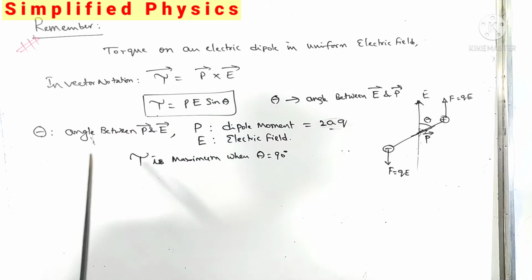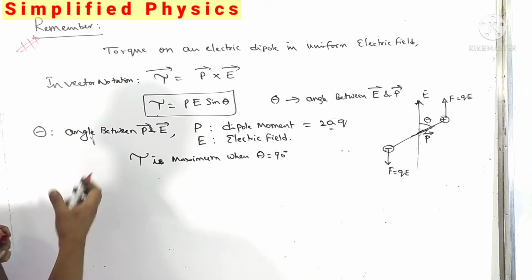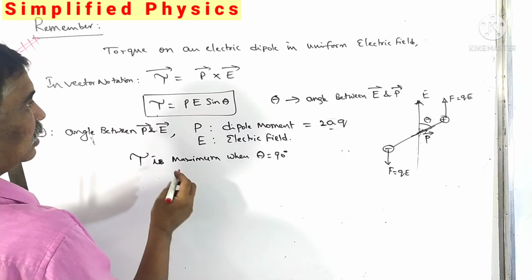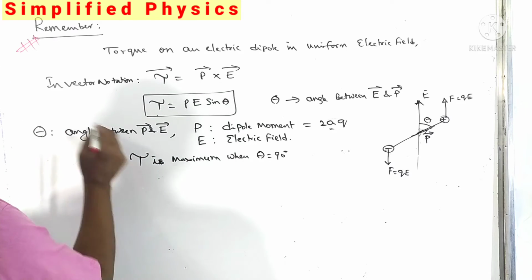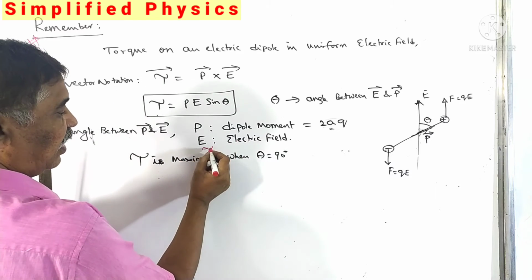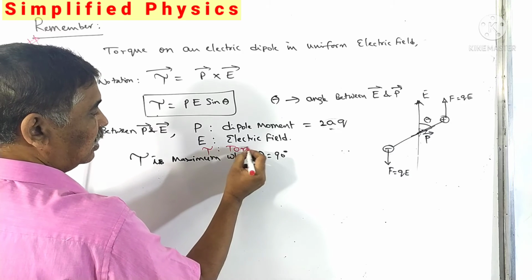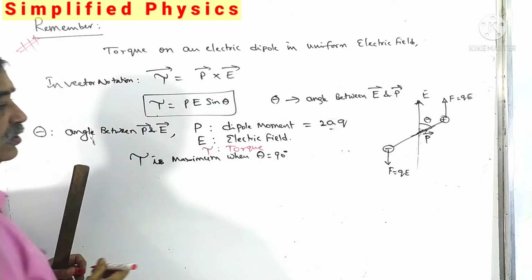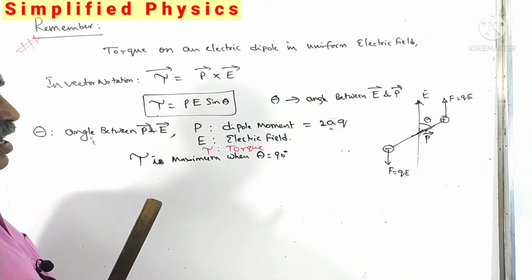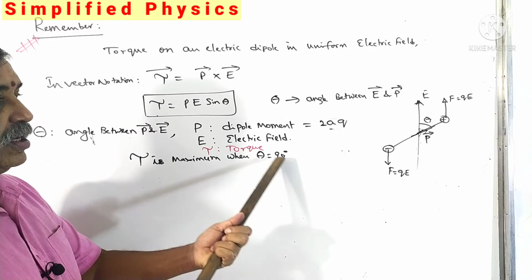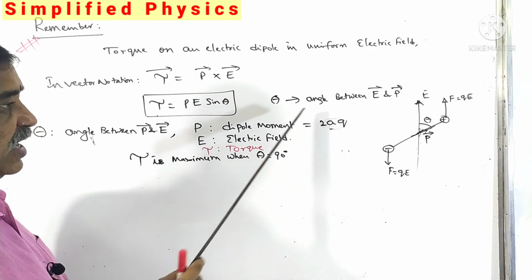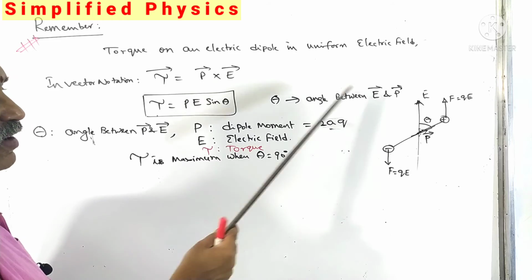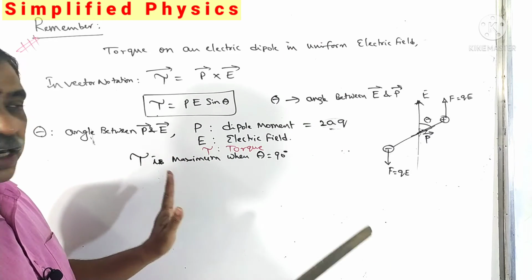Tau stands for torque, P is dipole moment, E is electric field. This torque is maximum when theta is equal to 90 degrees, where theta is the angle between vector E and vector P.